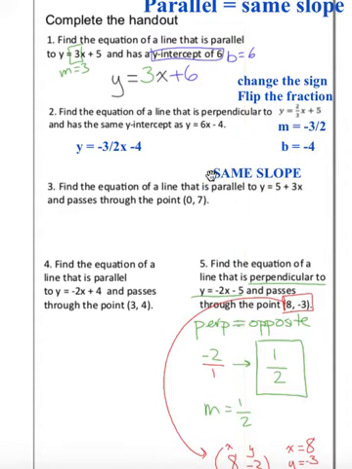So if it's the same slope, it means that our m value, we need to rearrange it. So our m value will be 3. Because if we rearrange this equation, remember, this always has to be in the position closest to the y.